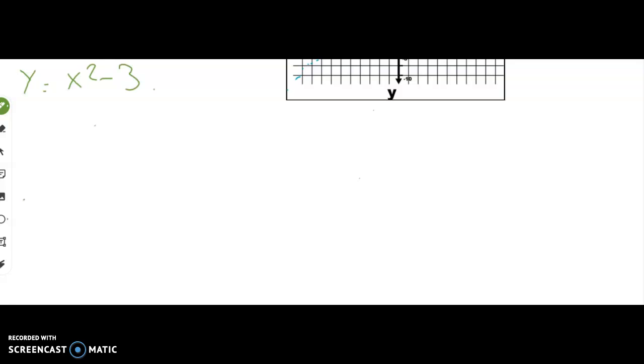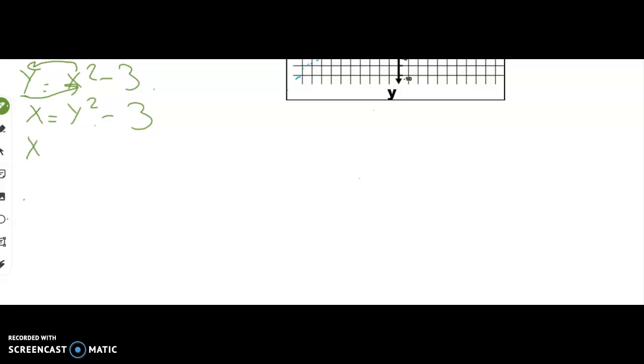We do the same concept as on the top. We swap our x and y values, so that we get x equals y squared minus 3. Basically, this y moves over here, and this x moves right there.